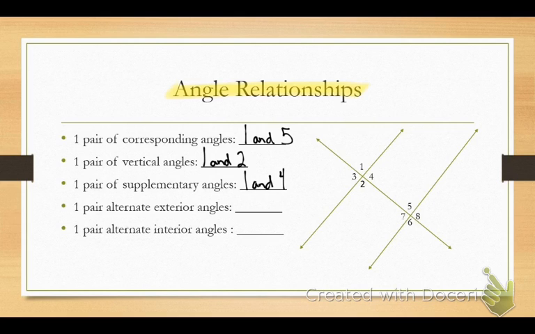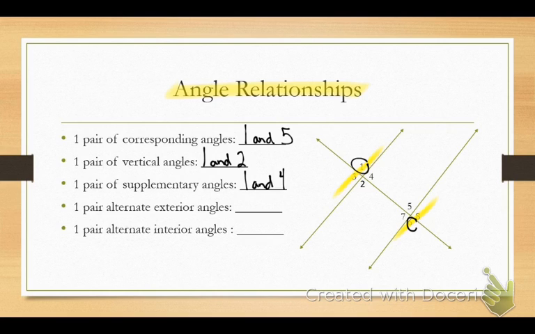Now, alternate exterior angles. The exterior angles, guys, are outside the parallel lines. So you see the parallel lines going up and down, slanted. Now, alternate exterior means on the opposite side of the transversal. So you see angle 1 here is on the top side of the transversal.